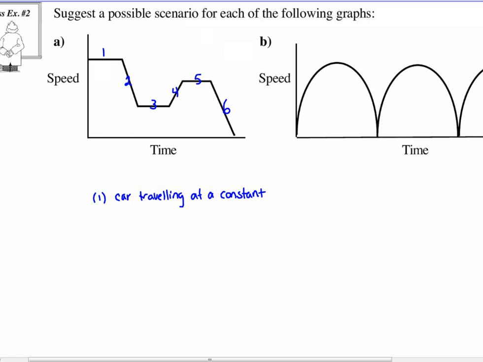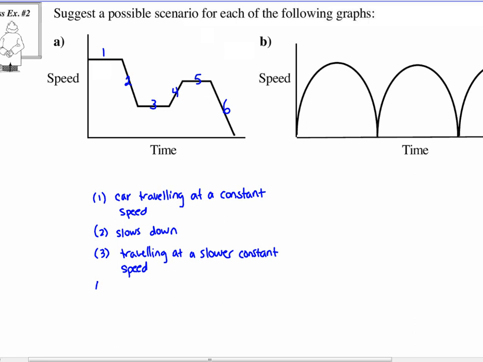They're maintaining the speed. I don't know what the speed is, but they're maintaining that speed. So in 2, they slow down, maybe for construction. I don't know. Then in 3, he's traveling at a slower constant speed.